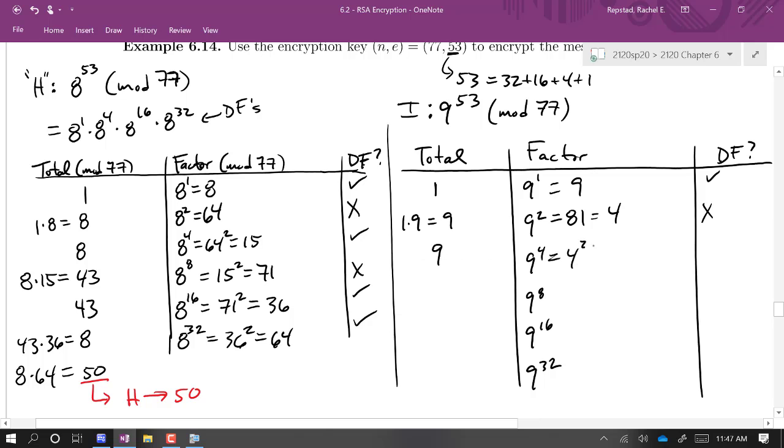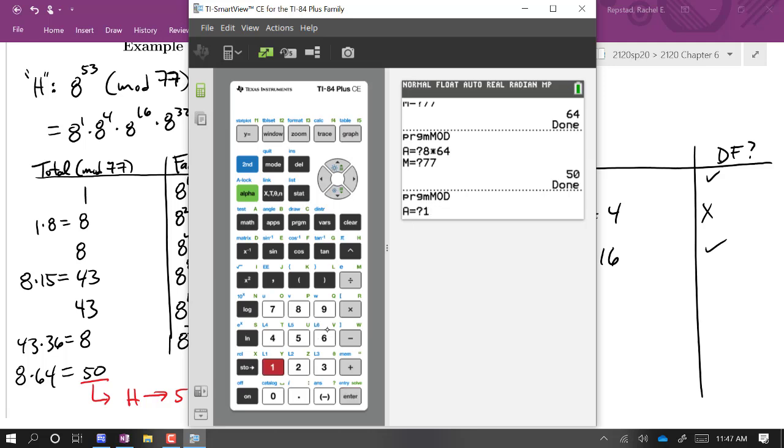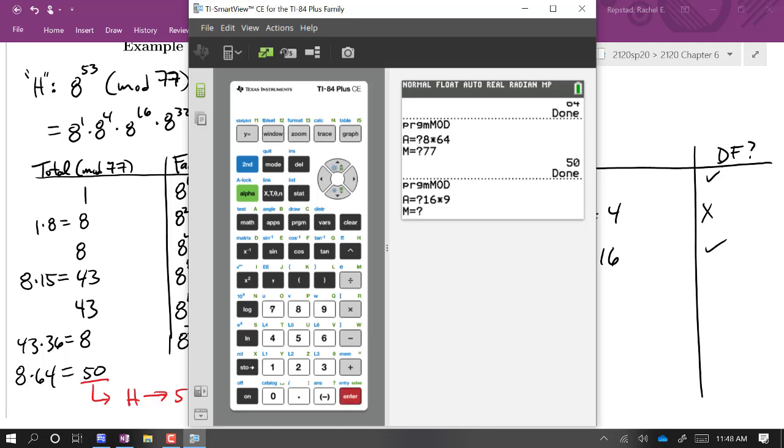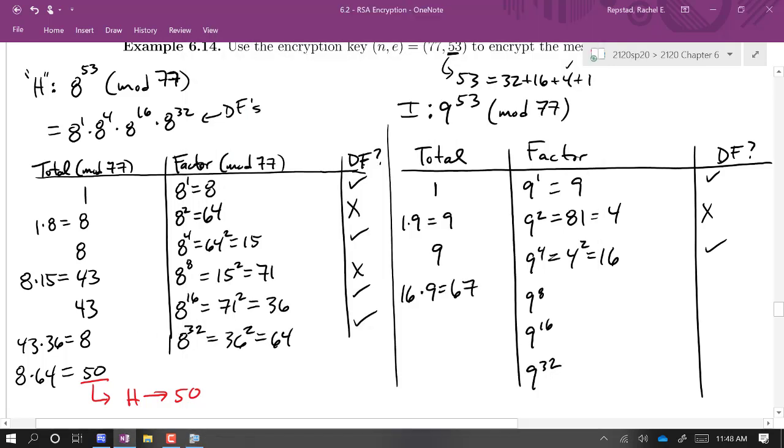9 to the 4th is 4 squared, which is 16. Already reduced mod 77. And 9 to the 4th is a desired factor. So 16 times 9 mod 77 is 67. 9 to the 8th is 16 squared.